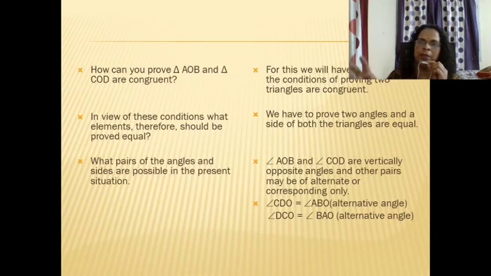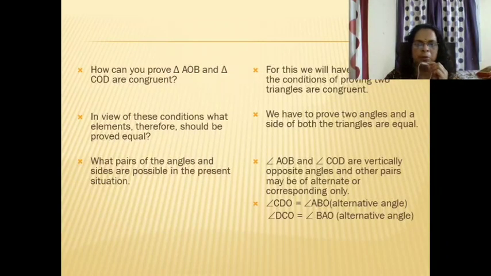In that particular condition they will think, can we apply the SSS condition here? Can we apply the SAS condition here? Can we apply the ASA condition? So let them go for the hypothesis and let them come up with the correct hypothesis. In view of these conditions, what elements therefore should be proved equal?